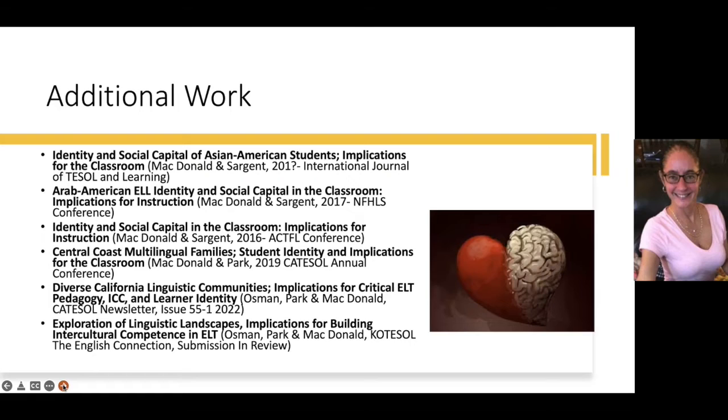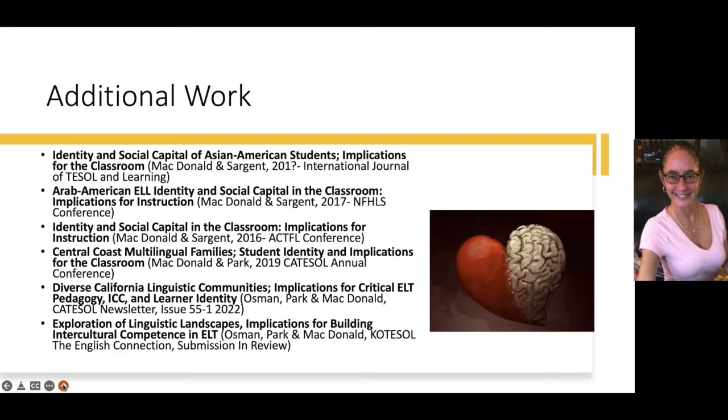We've looked at multicultural families in the US context, as well as in the Korean context that I just explained on the prior slide. We've looked at diverse linguistic communities, to get implications for critical language teaching and how that impacts intercultural communication, ICC that you see there, and learner identity.